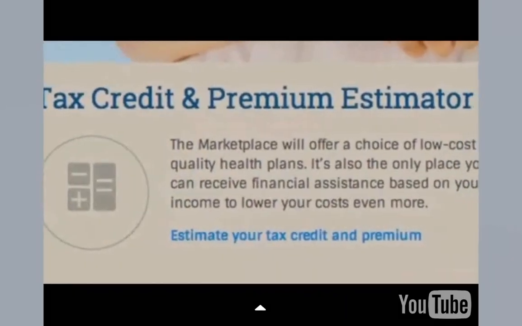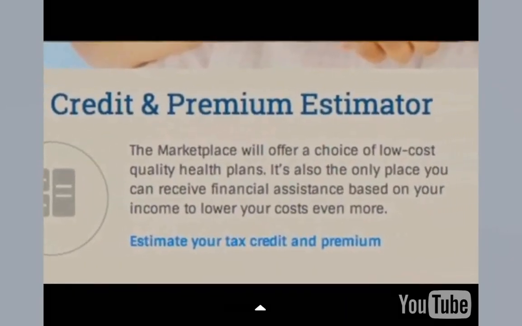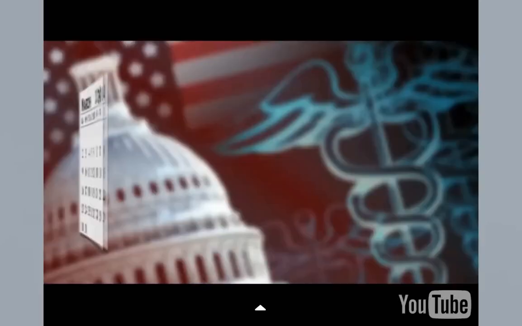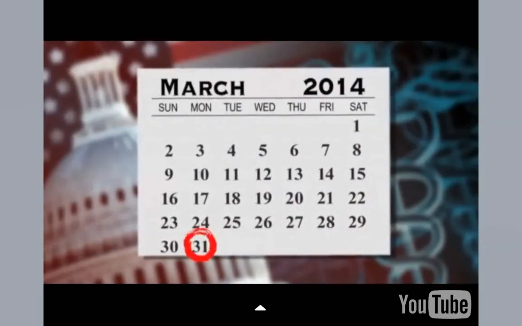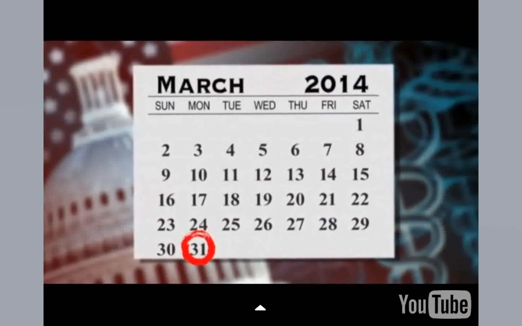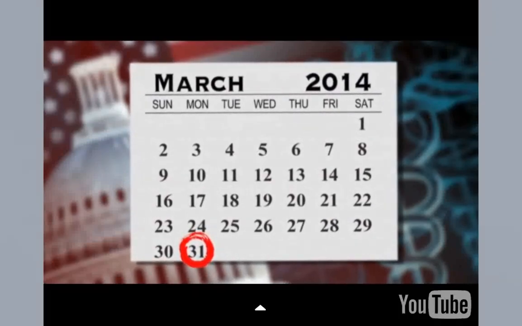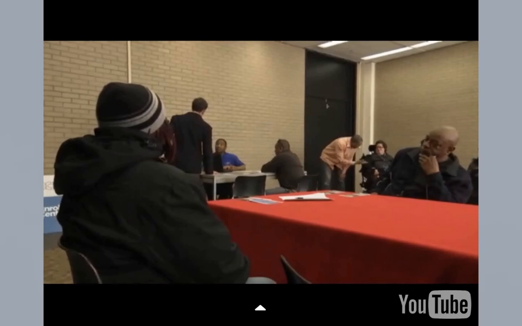Wilt got insurance just in time for the March 31st deadline, which has now been extended for those who've started but haven't completed an application and those with special circumstances. Cindy Sharp, Associated Press.